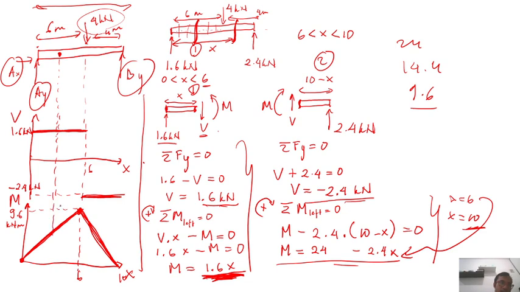So this is the value of the shear force at that particular location, and this is the value of the internal moment at that particular location. That's the use of drawing the internal shear force and internal moment diagram. So we can analyze all of the locations here.